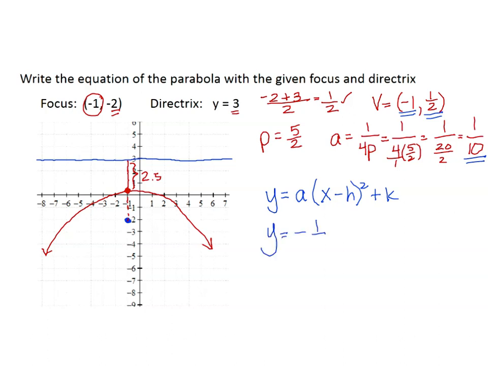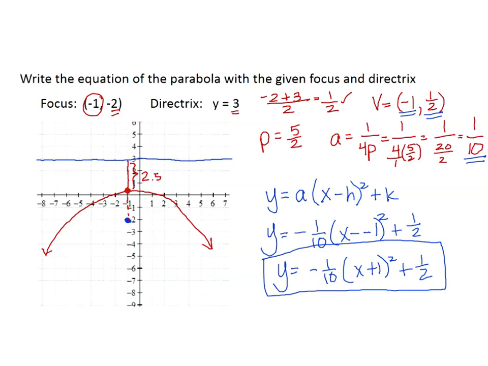All right, so I get y equals -1/10 (x minus -1) squared plus 1/2. So I'm going to simplify that a little bit more: y equals -1/10 (x plus 1) squared plus 1/2. And there's my parabola equation.